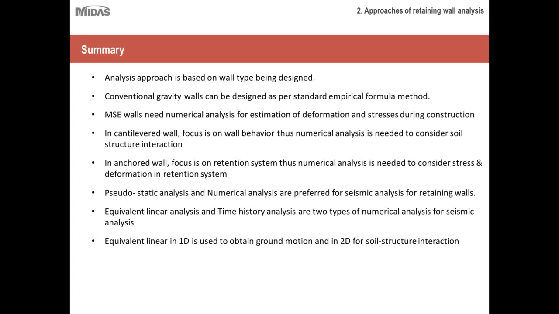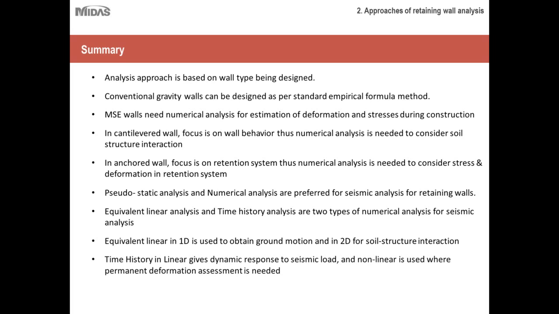Equivalent linear in one dimension is used to obtain ground motion, and in two dimensions, or 2D, it is used for soil structure interaction. While linear time history gives the dynamic response to seismic load, nonlinear is used where permanent deformation assessment is needed.